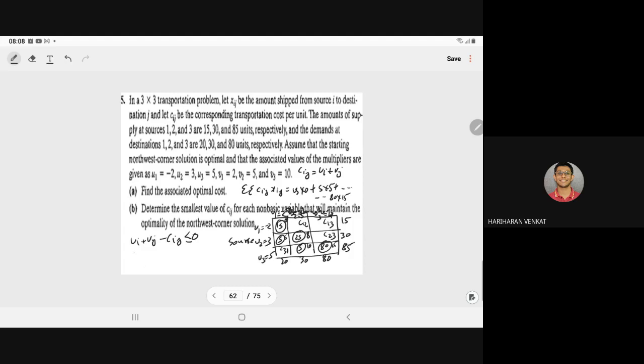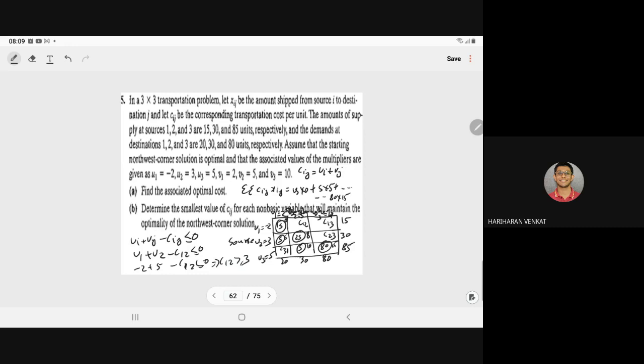So here you have u1 plus v2 minus c12 less than or equal to 0. Here u1 is equal to minus 2 and v2 is equal to 5. So minus 2 plus 5 minus c12 less than or equal to 0. So this implies c12 must be greater than or equal to 3.